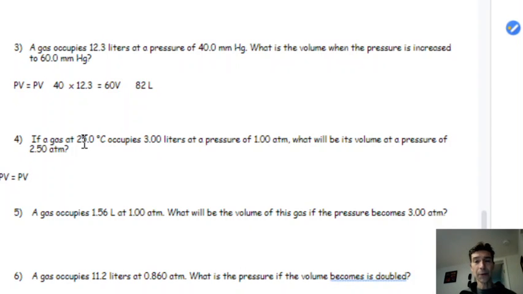Well, that's a temperature, so that's not in here, so let's ignore it. You got 3 liters, so that's a volume, and a pressure of 1 atmosphere, and that's a pressure. So that first P would be 1, and it would be multiplied by that first V, which is 3. And that is set equal to your second PV. And it says, what will its volume be at a pressure of 2.5 atmospheres?